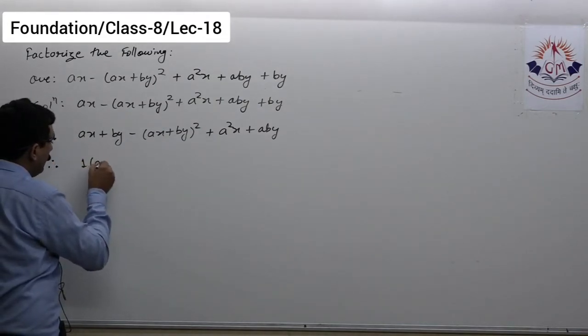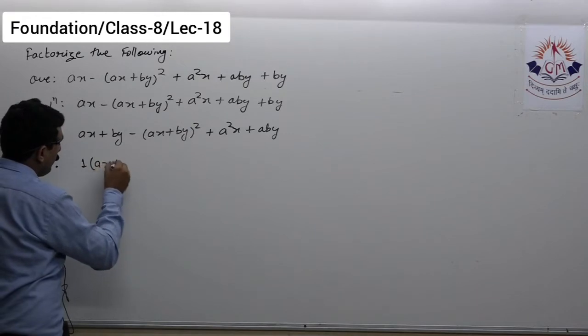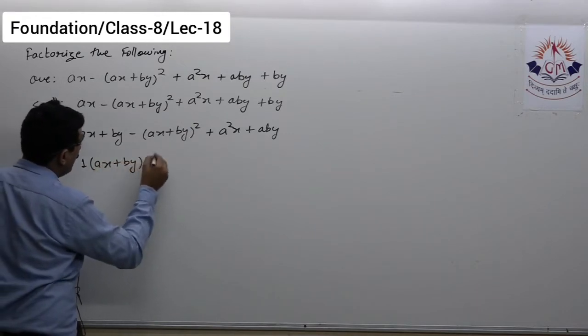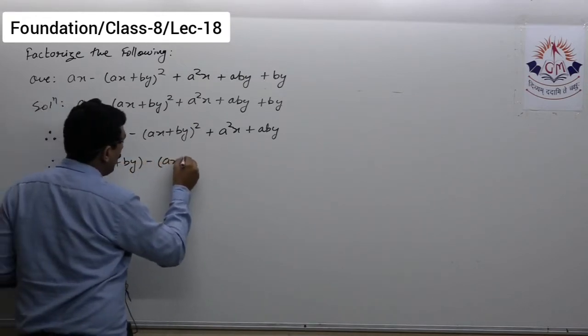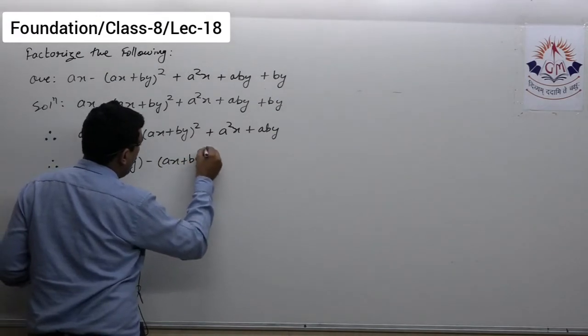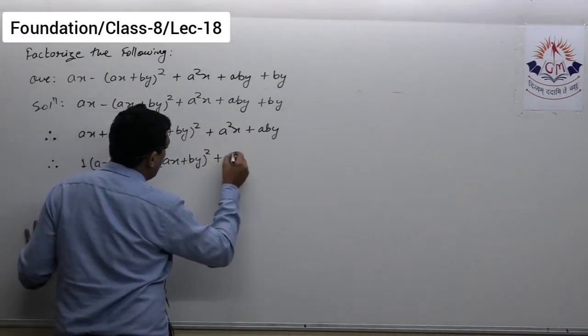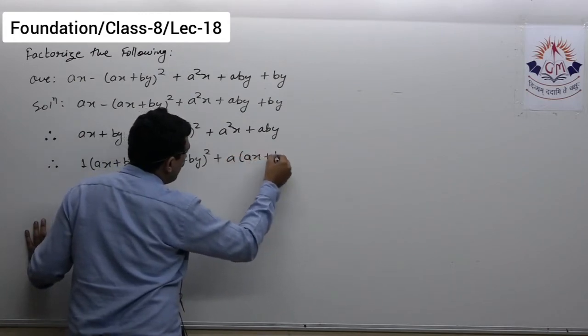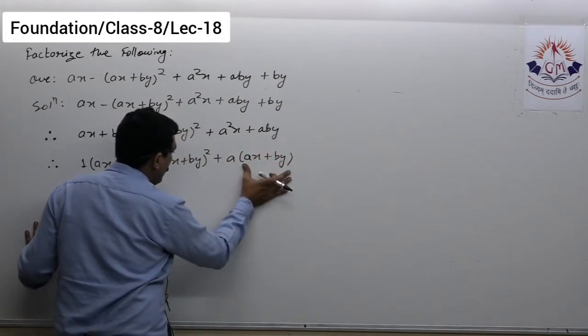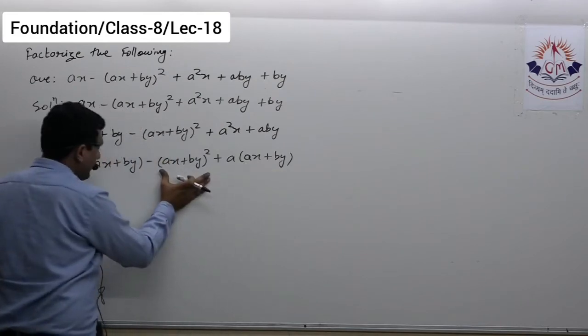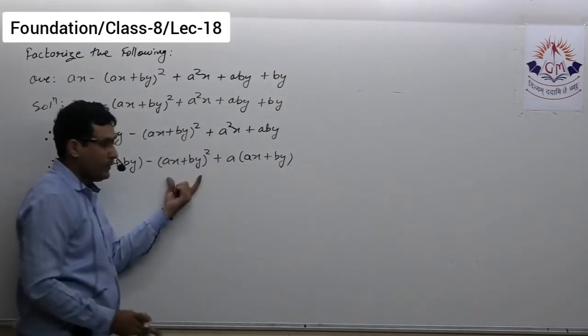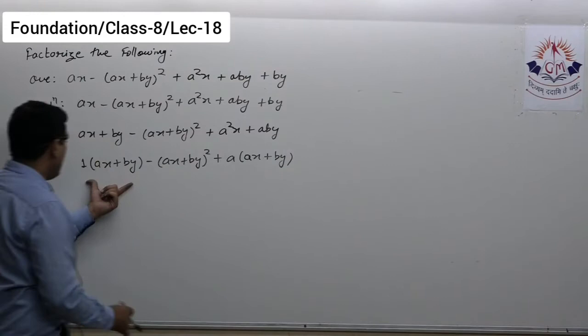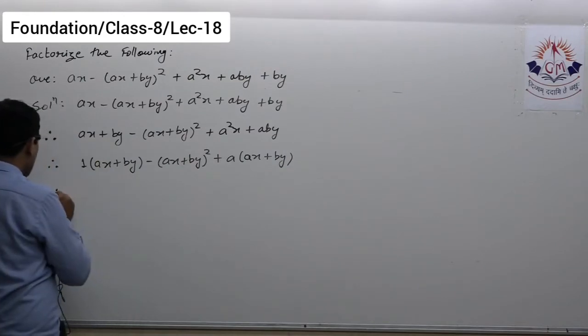So here I took 1 common, so I got ax plus by minus (ax plus by) whole square, plus from these two I can take a common, so a times (ax plus by). Now you can see we have ax plus by over here, here it is squared, so definitely one ax plus by I will take common, and here again I can take ax plus by common.